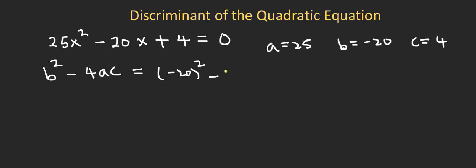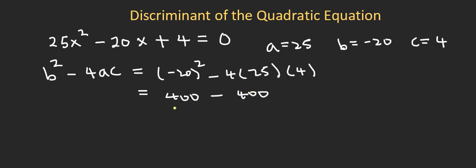Quantity negative 20 squared minus 4 times a times c. So you get 400 minus 400, which is equal to 0. So in this case, our discriminant is equal to 0.